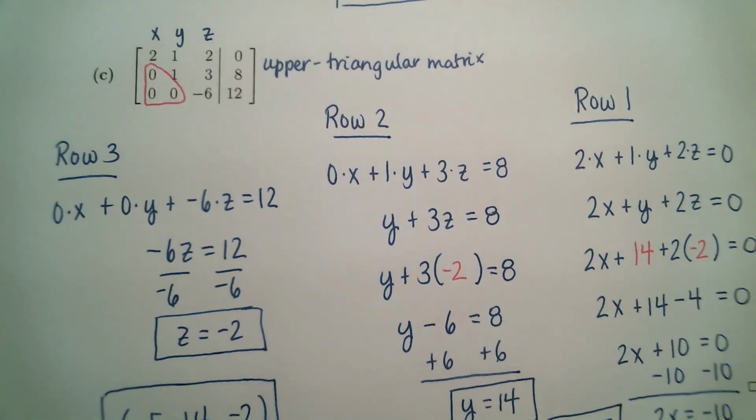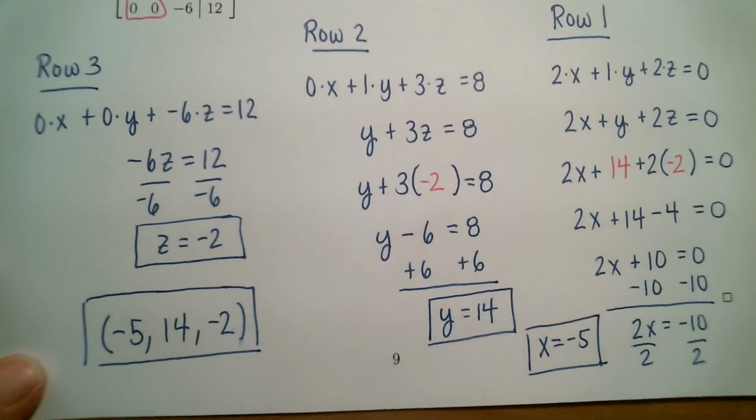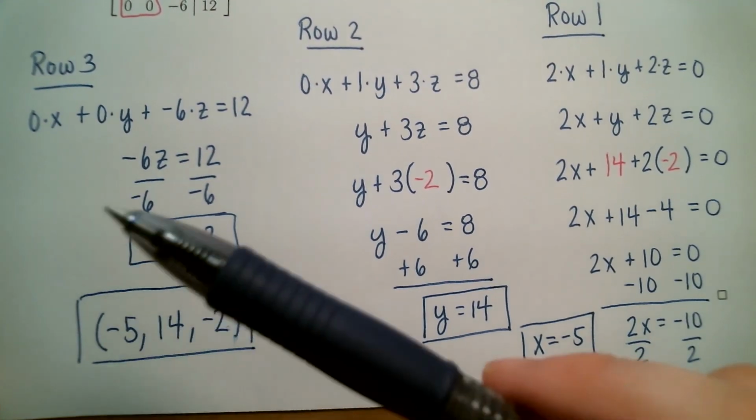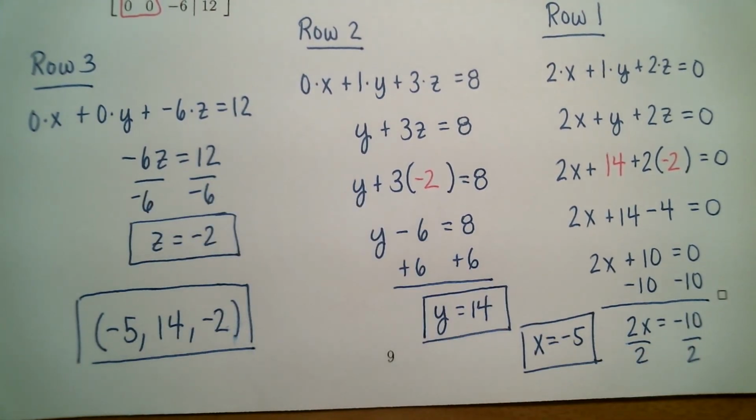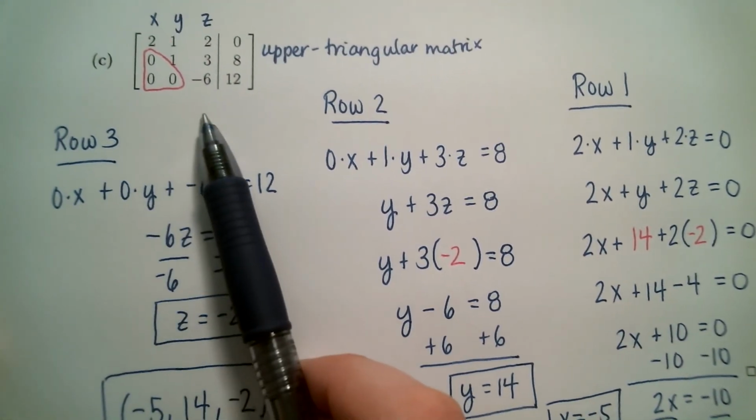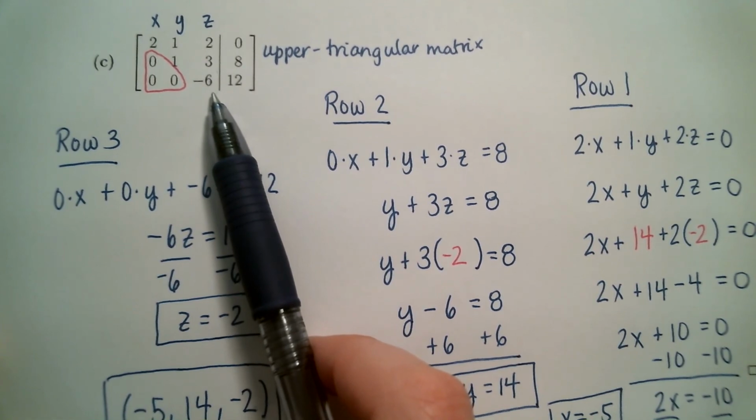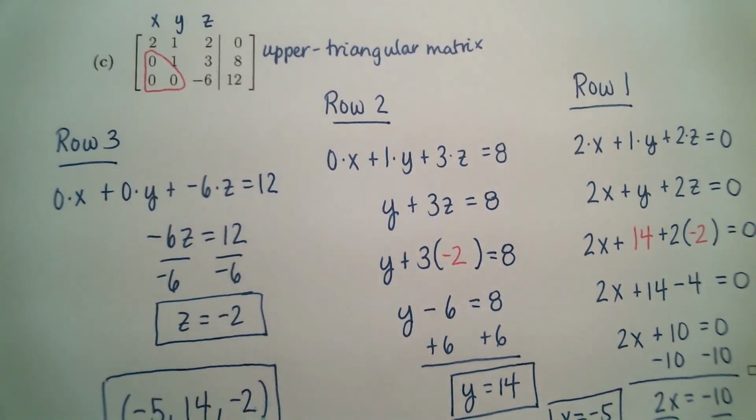So if you have an upper triangular matrix or if you have a lower triangular matrix, writing out the equations and kind of working backwards would be an alternative to doing Gauss-Jordan elimination. You could have done Gauss-Jordan elimination on this matrix. It probably just would have been more tedious and a little bit longer.